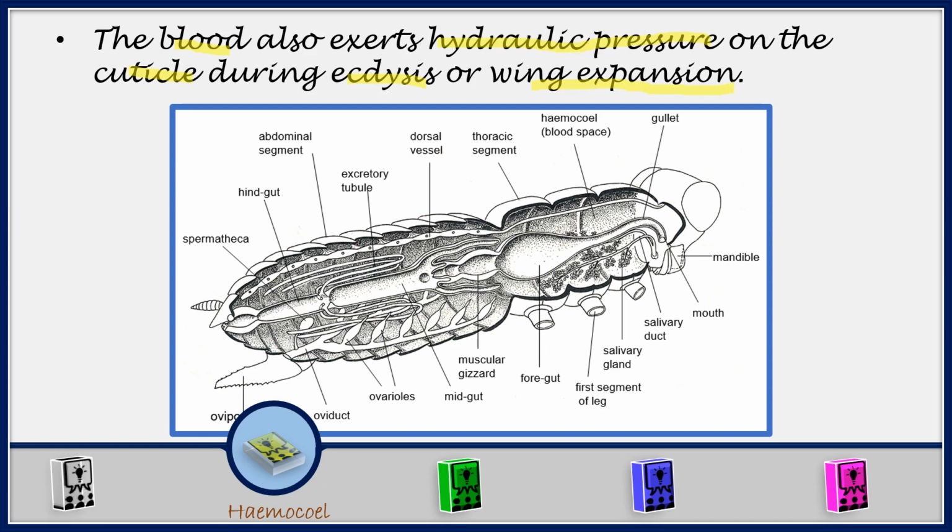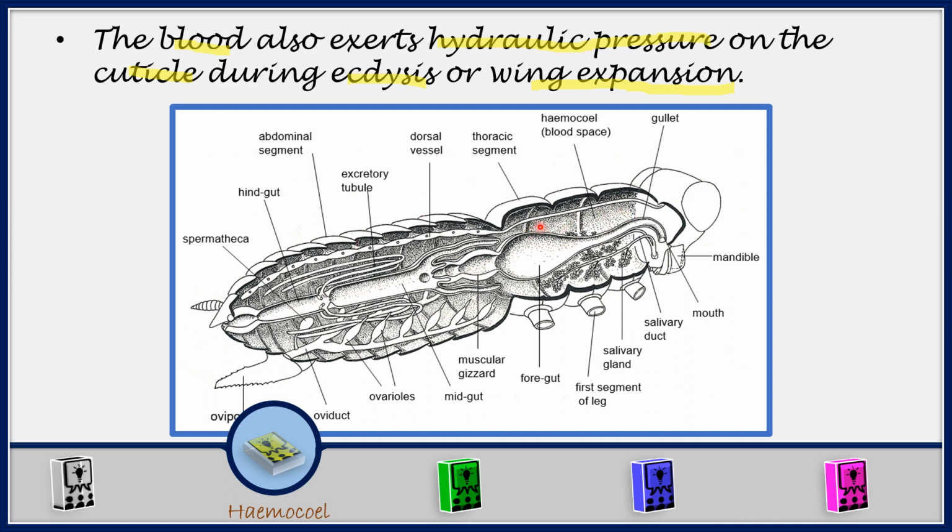So the blood which is moving in the haemocoel during the process of ecdysis, that is the process of shedding off the old exoskeleton, applies pressure to the exoskeleton, and that is going to cause the new exoskeleton to expand because of the pressure of blood which is passing through the haemocoel.